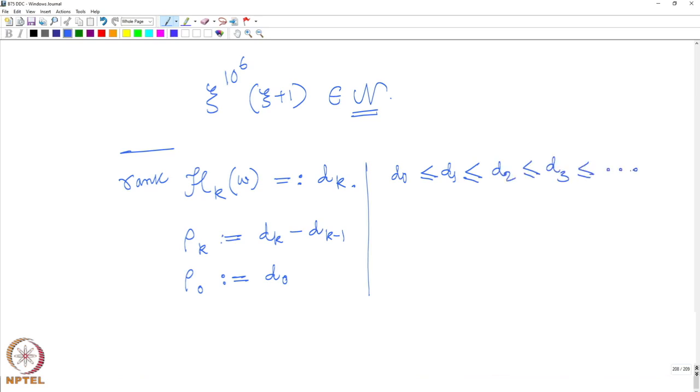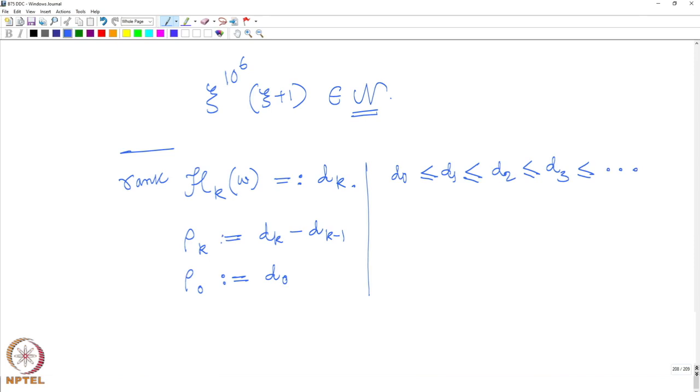This will continue forever, which is understandable because each time I go from hk to hk plus 1, I am adding a few new rows, the shifted version of my earlier rows, and those may turn out to be independent from the previous ones. Some independence might be there, but still each hk will at least contain hk minus 1. So the rank of hk will at least be the rank of hk minus 1, because hk minus 1 is a part of hk.